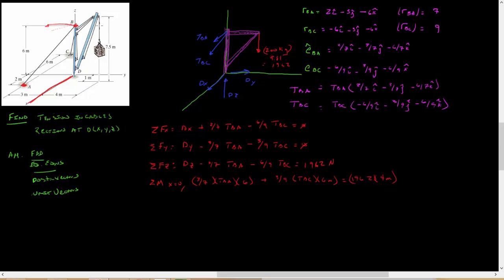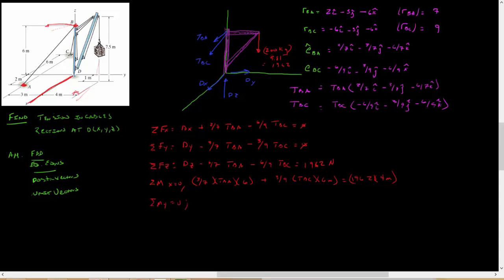You have the weight that's causing a moment about the x-axis, which is 4 meters away. If you notice, this is 4 meters away, so my perpendicular distance is right there. And then we also had TBC, which is going to be 6 meters away, and it's going to be acting positive.